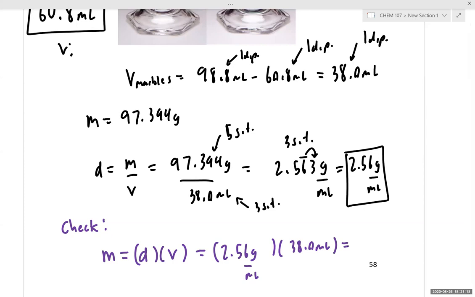Because we get out about the same mass, we haven't made a major calculation error. There will be a few differences due to rounding, but you just want to make sure that from your calculated density, you can recalculate your mass.